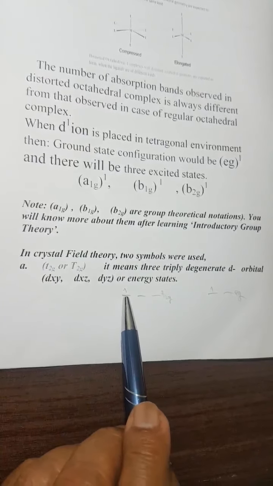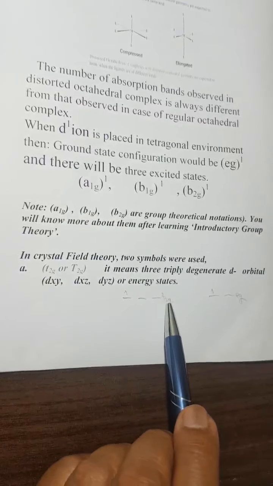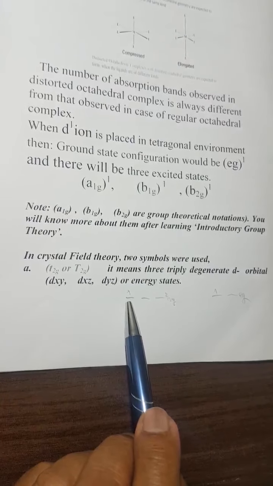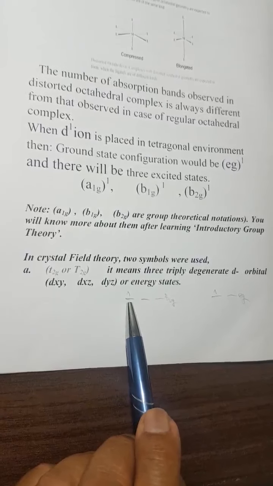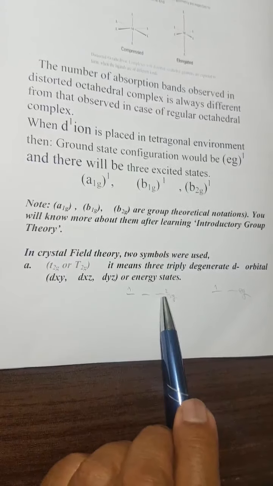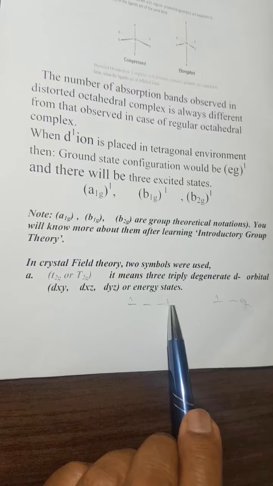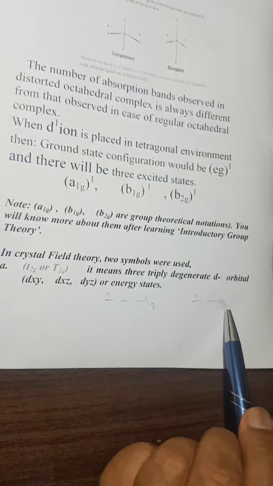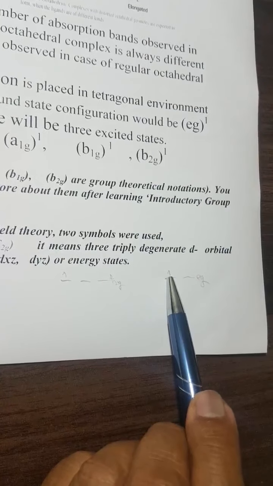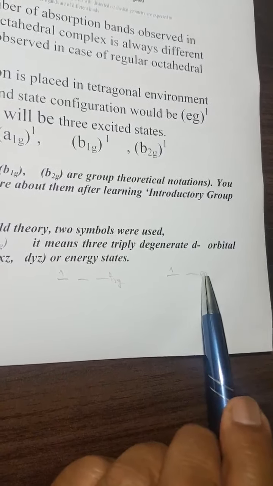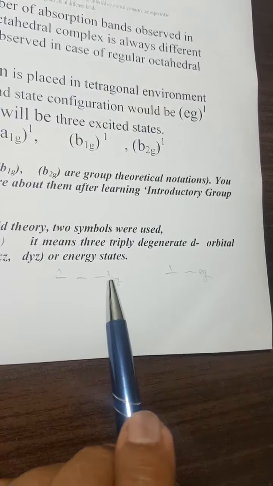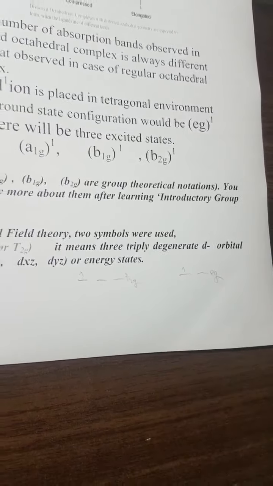If there is one electron in the T2g orbitals, this one electron can be arranged in 3 ways: here, here, or here. That's why it is called T. Here is one electron in the Eg set. This electron can be arranged in one way and a second way. So E stands for 2, doubly degenerate, and T stands for 3, triply degenerate.